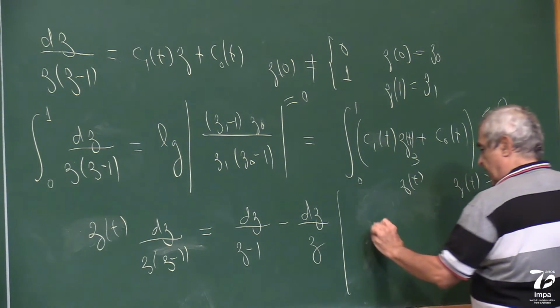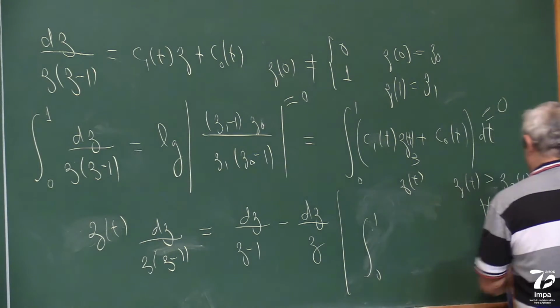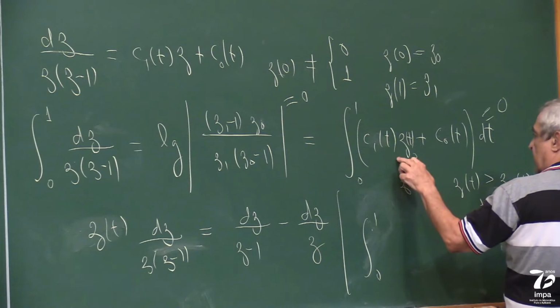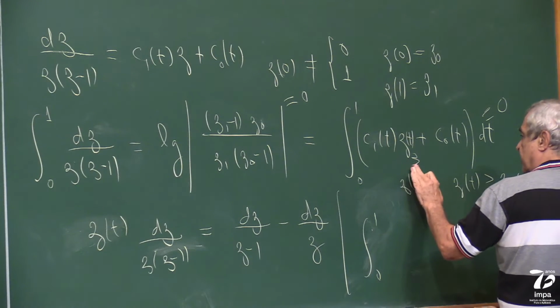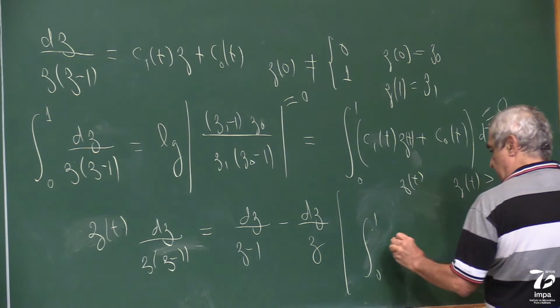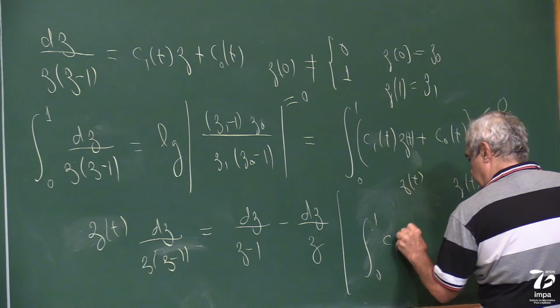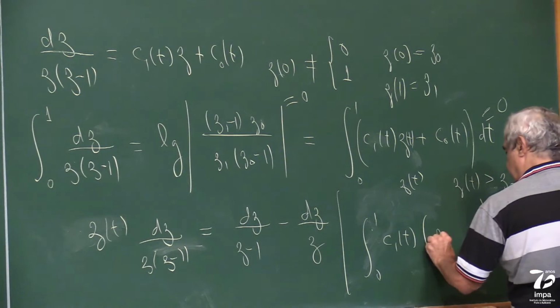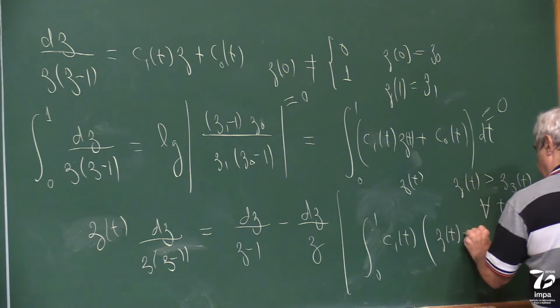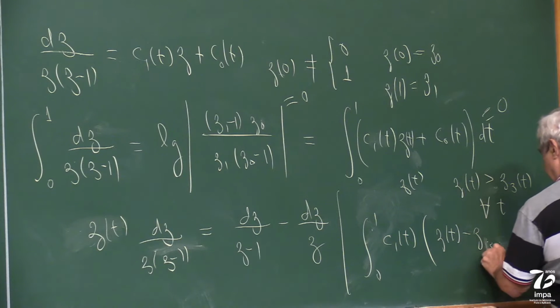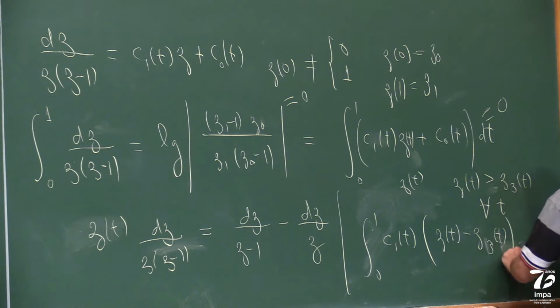I subtract the equation with Z3 and with Z. Then the integral of C1 of t times Z of t minus Z3 of t, dt, must be 0.